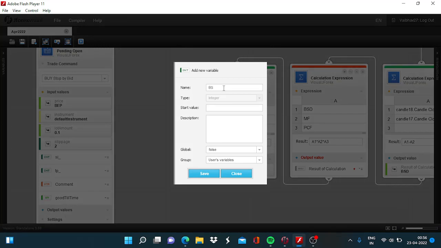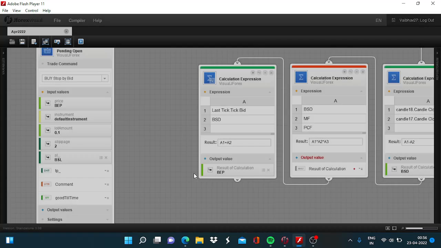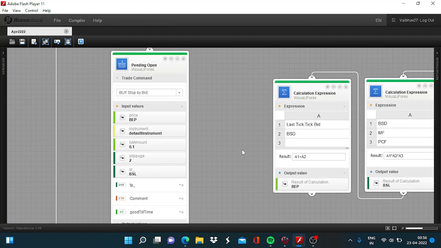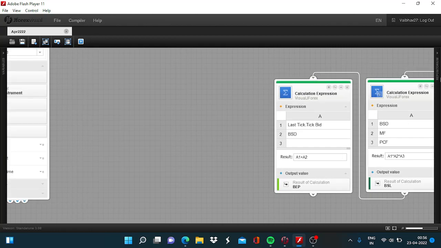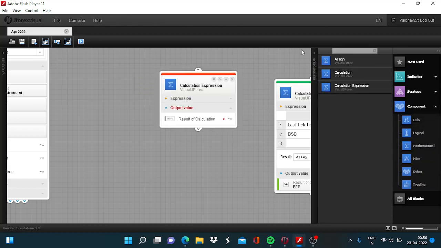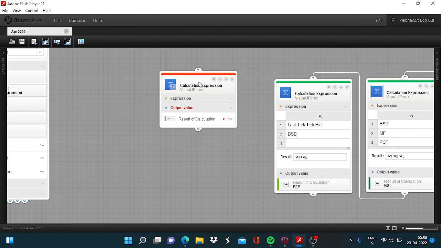I will name it BSL. We will take stop loss, whatever it is, and multiply it with 2 to get the risk reward ratio of 1:2.